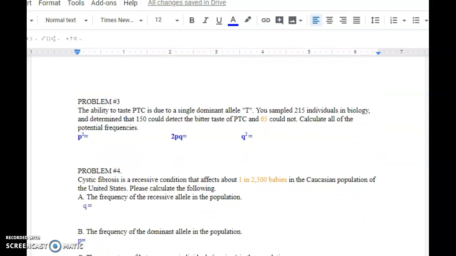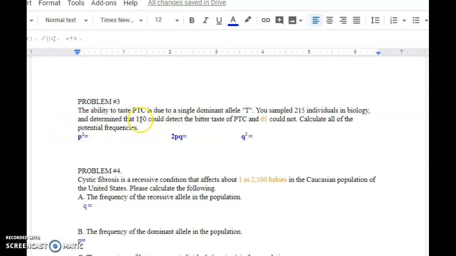All right, problem 3, we are going to look at the ability to taste PTC. So you either have the dominant T and you can taste it, whether you're heterozygous or homozygous, or if you're little t like myself, you cannot taste it. So when you read this, you see you got 215 students in biology, 150 can taste it.